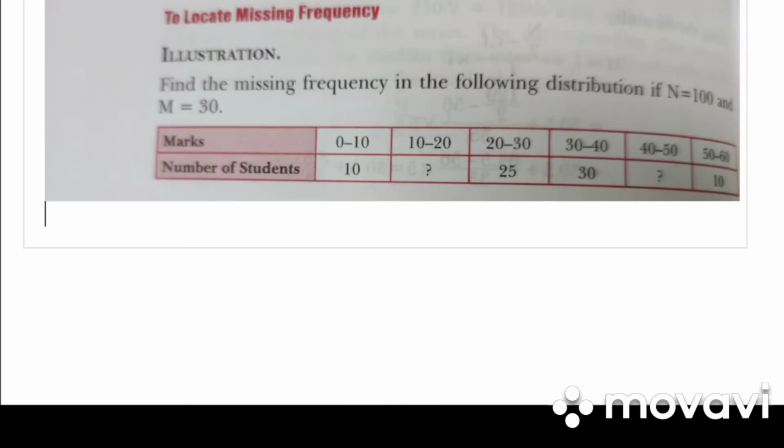Next, take down the next illustration. Find the missing frequency in the following distribution if n is 100 and m is 30.